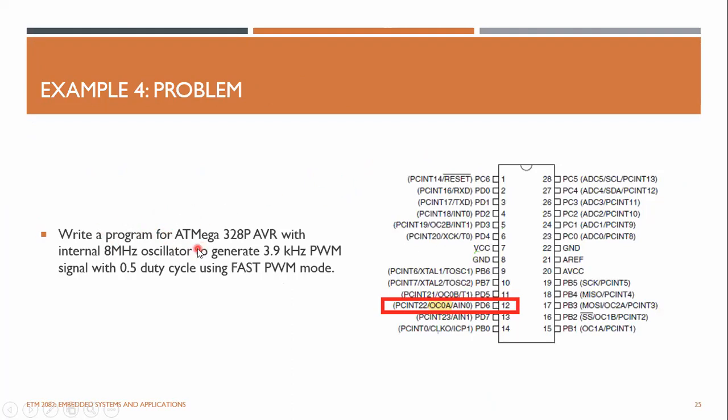So this problem is to generate a 3.9 kilohertz PWM signal with 0.5 duty cycle in fast PWM. So this kind of waveform.